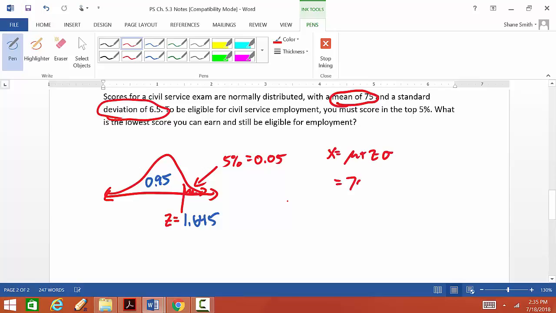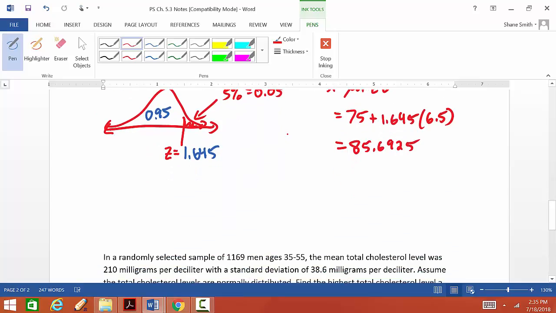So our mean was 75. Our z-score was 1.645, and our standard deviation was 6.5. And we calculate this to be 85.6925, so about 85.7. And let's write a sentence about it.